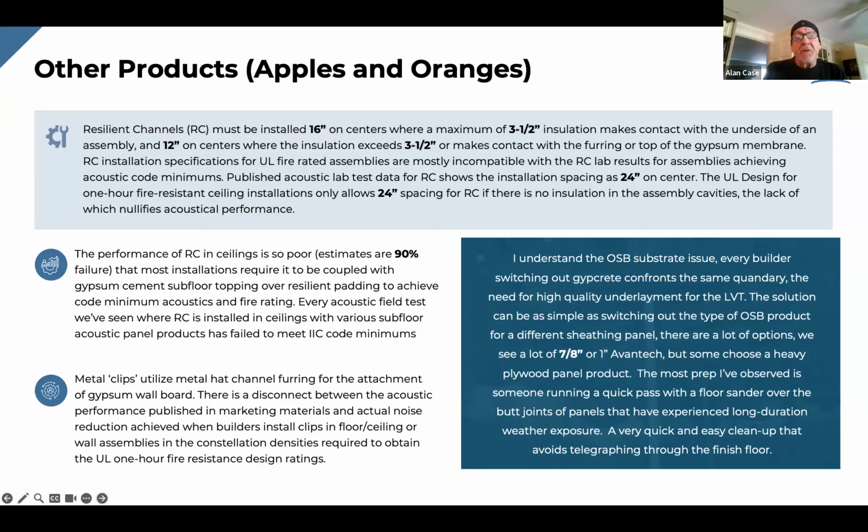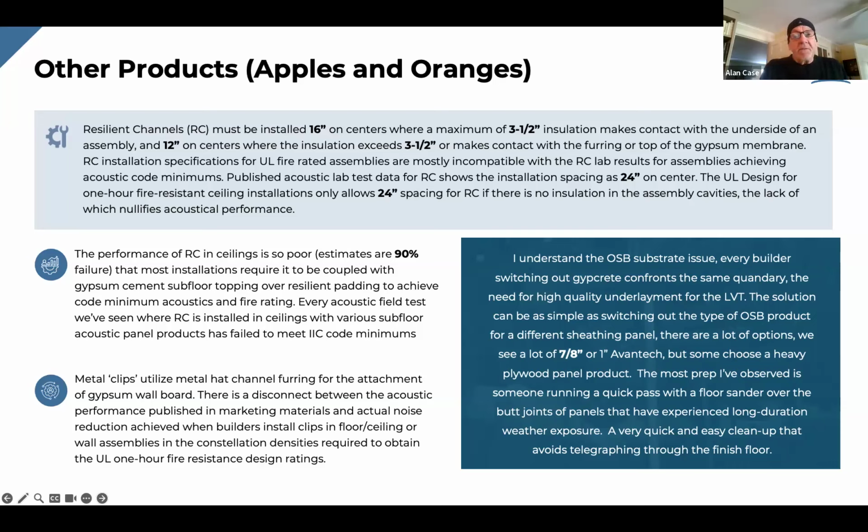Once you have insulation material inside there that makes any contact whatsoever with the membrane or is larger than 3 inches, which would have to be for an acoustic assembly, you have to put a clip every 12 inches along the length of the trusses, and you have to attach one to every truss in sequence.